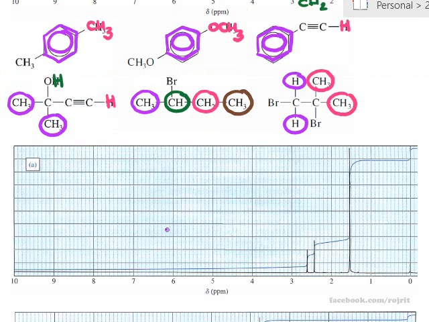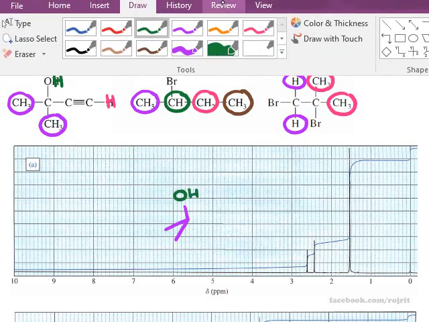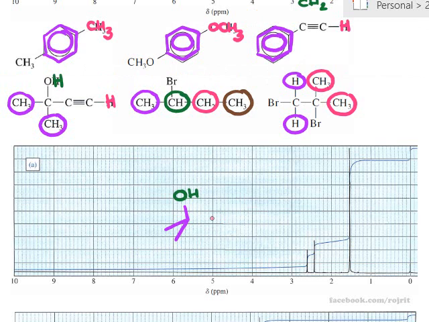You have CH3, and then you have OH in green color, and then you have the alkyne. I would label it in pink color, and this is the H of the alkyne. So the purple color CH3 is sp3, right? So the 2 CH3 appear at 1.